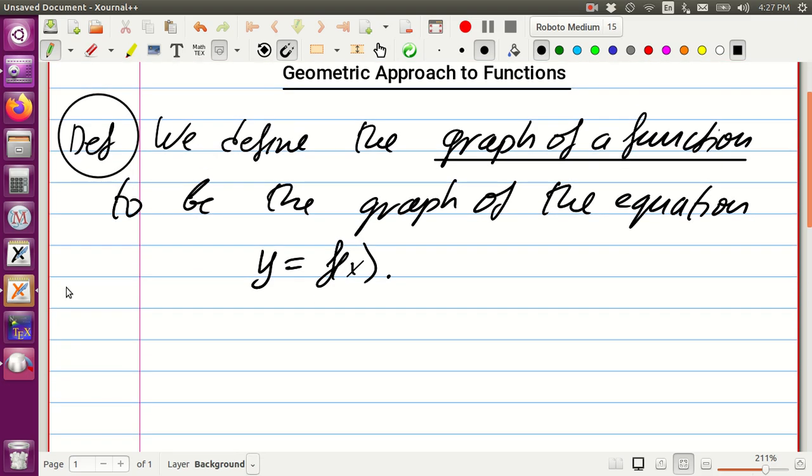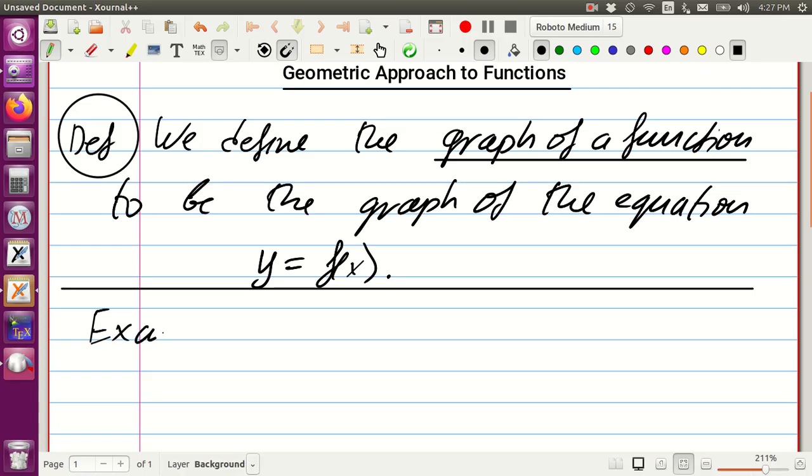So that's our strict definition, but how do we use it in practice? So let's do a bunch of examples.